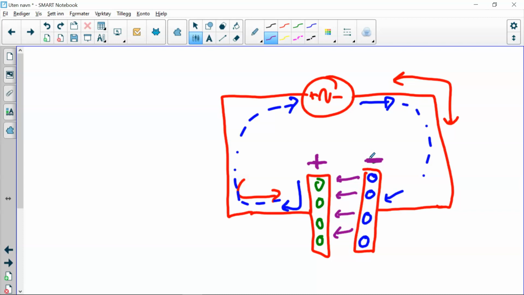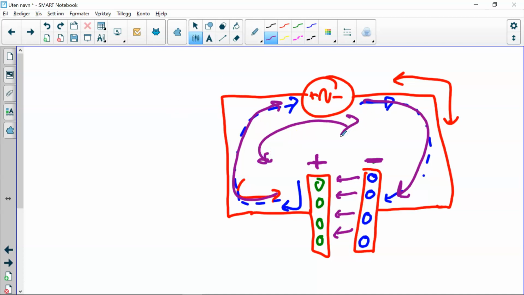Of course, if this current flows in this direction for a very, very long time, in the end we are more or less running out of electrons on this side. There will be no more electrons to chase away. So for this system to work, the current will have to change direction every now and then.